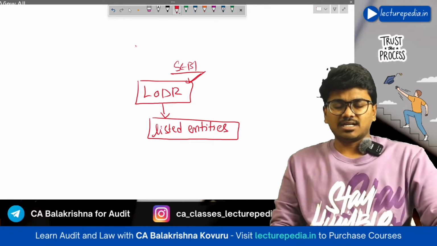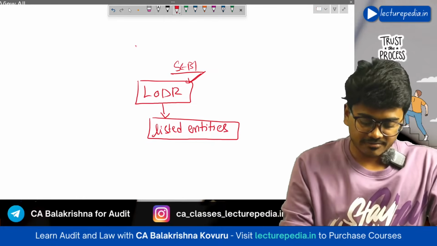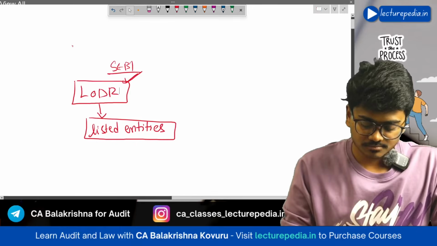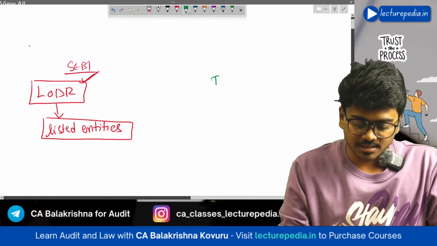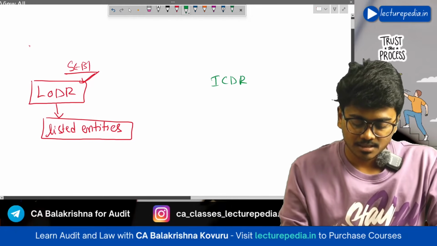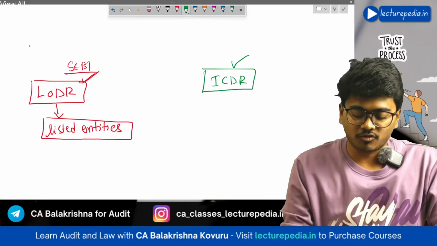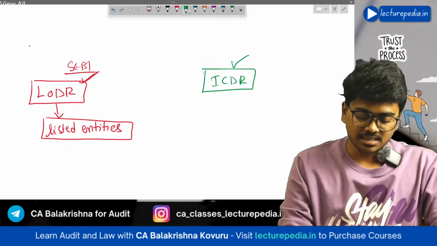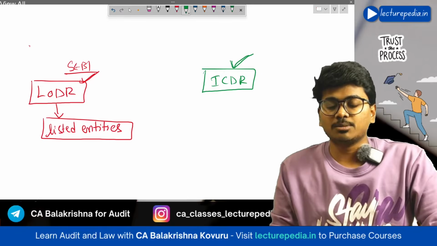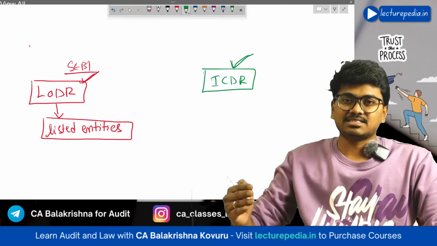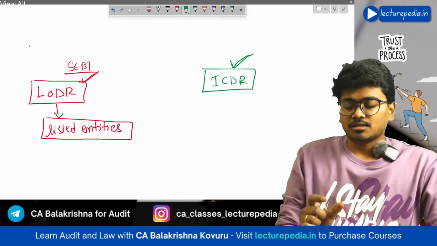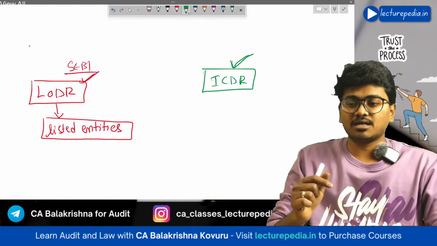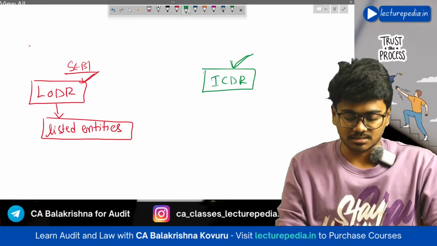Similar to LODR regulations, we also have another type of regulations, that is ICDR regulations. ICDR, the full form is Issue of Capital and Disclosure Requirements. This ICDR regulations, we will be covering in the next class. But you have to understand the difference between LODR regulations and ICDR regulations.